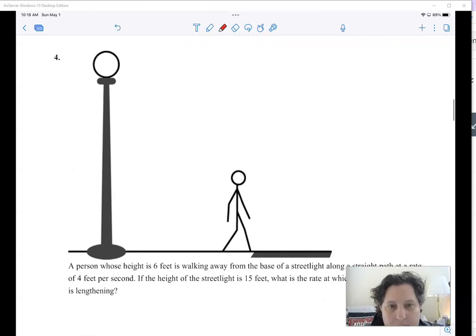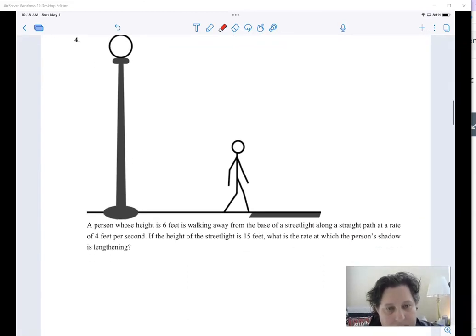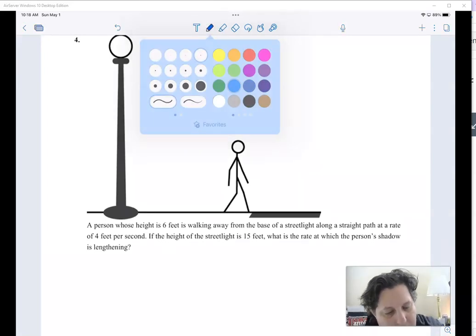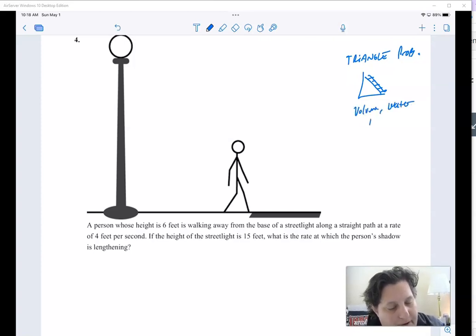Okay, so we've got a guy walking away from a street lamp at a certain rate. What's the rate at which the person's shadow is decreasing? You guys remember those triangle problems? Like a guy walking away from a ladder or a triangle, or a ladder falling down a building, a guy walking away from a lamppost, or volume and water dripping out.